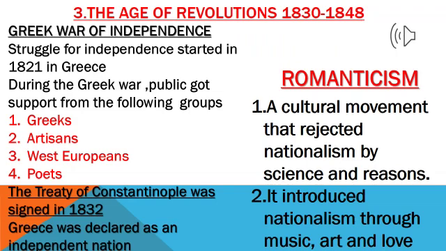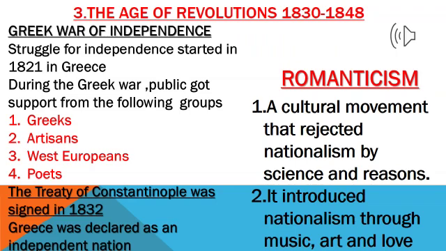Now, this struggle for independence started in 1821 in Greece, and during the Greek War, people got support from the following groups: the revolutionaries of Greece, the artists who were also interested to help their country become independent, and even the West European people were interested to be a part of this war.